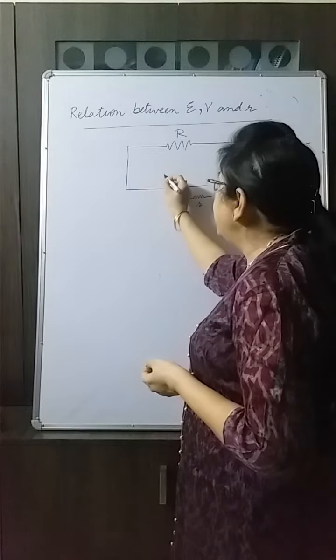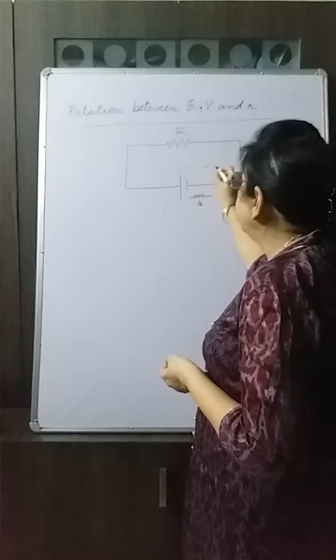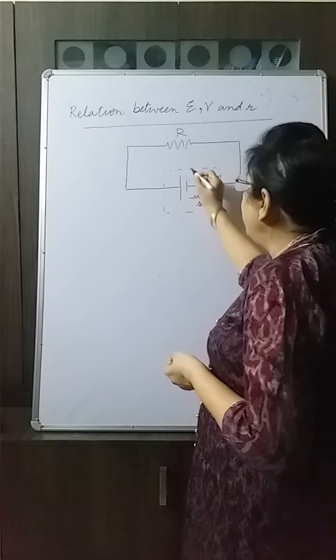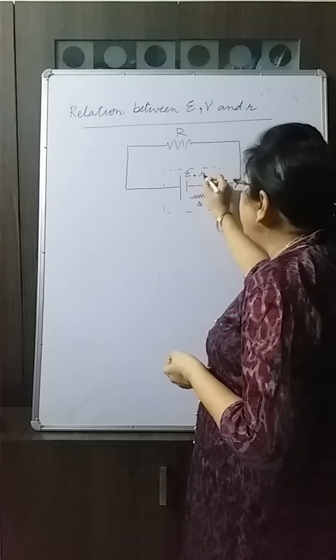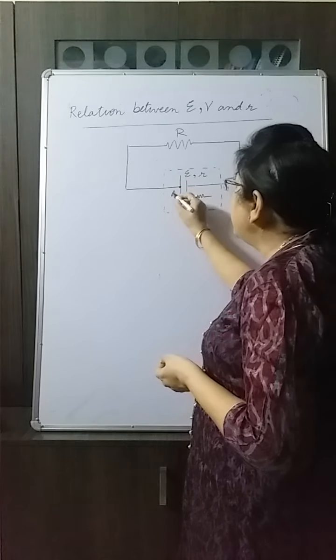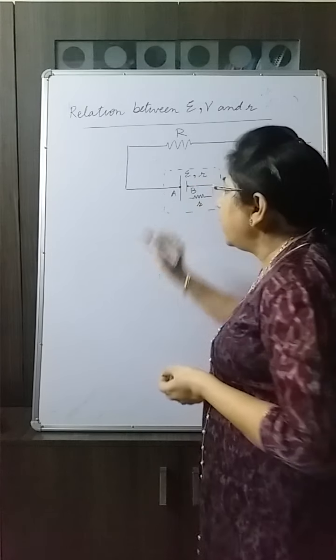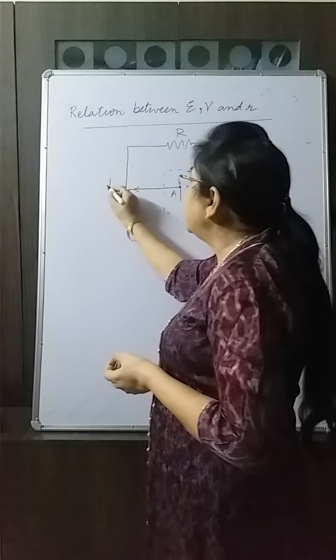This internal resistance is an integral part of the cell, and this is the complete cell along with the EMF and the internal resistance. Let us label these two points as A and B. The current is flowing in the circuit.